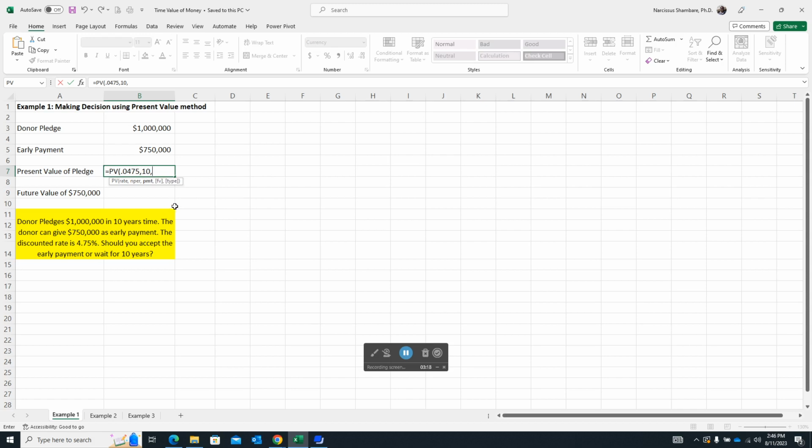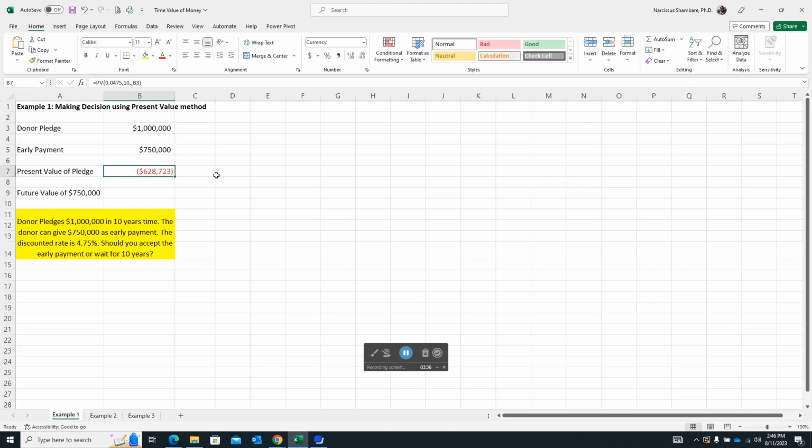The future value in this case is $1 million. So it's not the payment that we want, we want the future value, the FV, which is this amount. Close the parentheses and press enter.